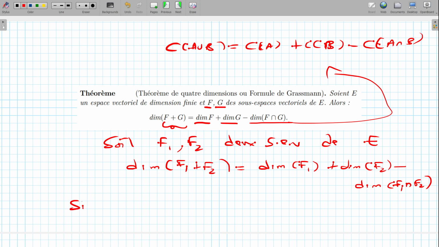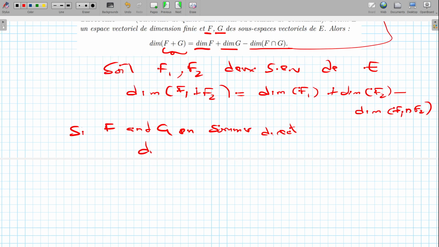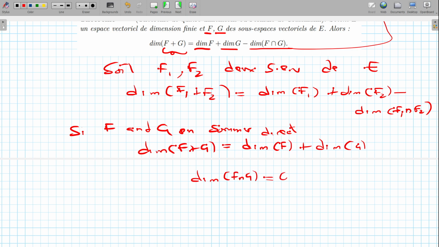Oh, here we see that F and G are ensemble direct. So if F and G are going to be ensemble direct, then the dimension of F plus G is actually going to be equal to the dimension of F plus the dimension of G, because the dimension of F intersection G is equal to 0, because F intersection G only contains the zero vector.